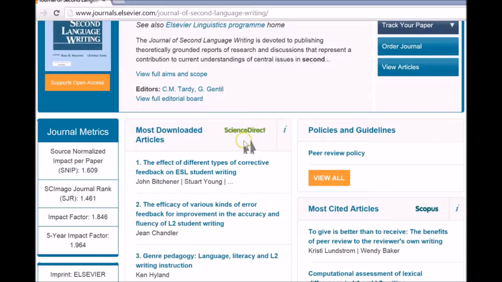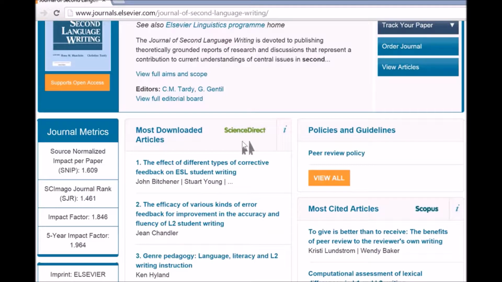You can also look very briefly here at the most downloaded articles. And this at least tells you a little bit about what is popular in the field. So the first article is about giving teacher feedback on papers. The next article is also about feedback on papers.